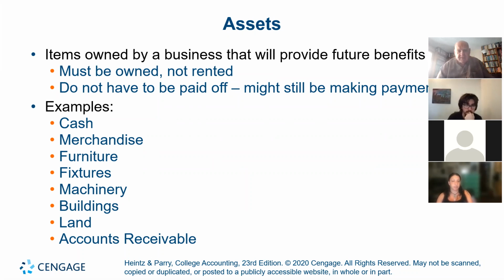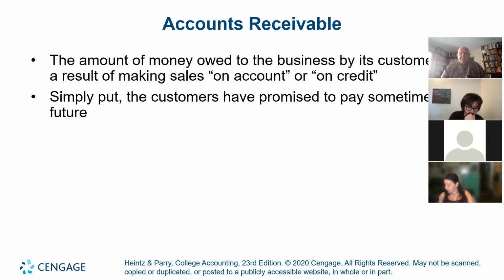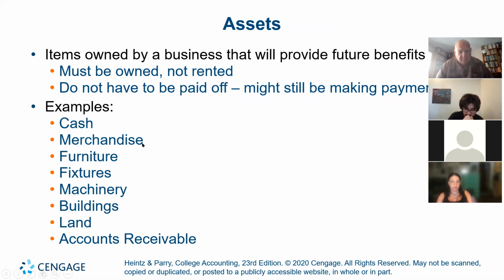Accounts receivable. Let's talk about accounts receivable. Accounts receivable is going to be one of the accounts on your general ledger. An account is anything that you want to isolate in terms of your bookkeeping and accounting. For example, here, cash, merchandise, furniture, each of those is a separate item in your chart of accounts.